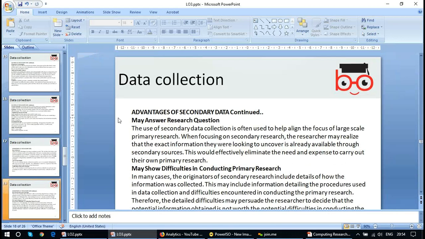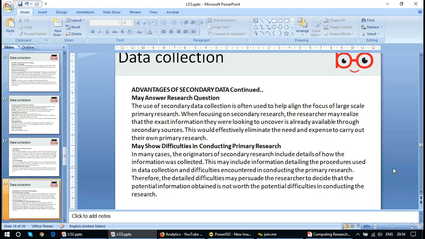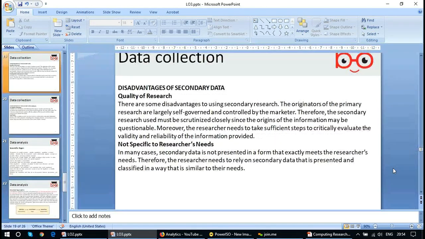Then another advantage of secondary data is that it may answer the research question. If you are trying to answer a particular question, you could get the answer from the secondary data itself as well. It may also show difficulties in conducting primary research. You can learn what difficulties others had in conducting the primary research.